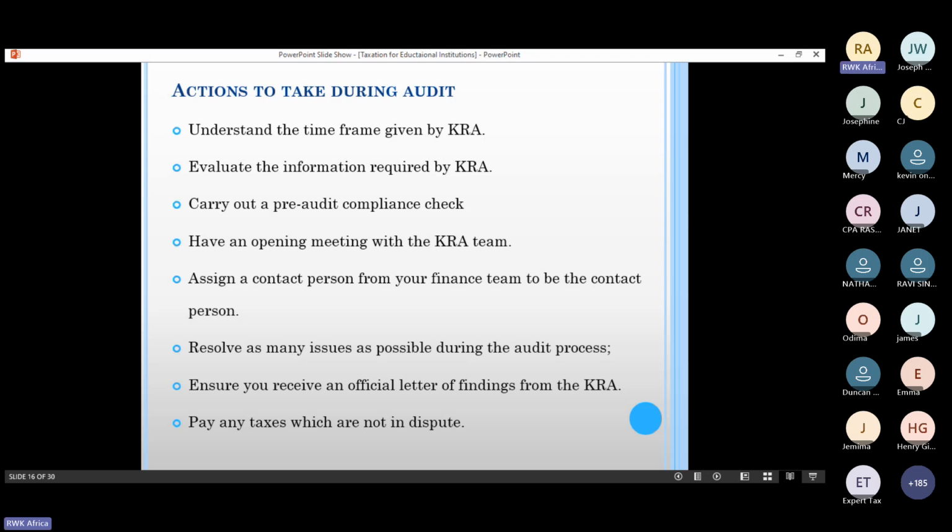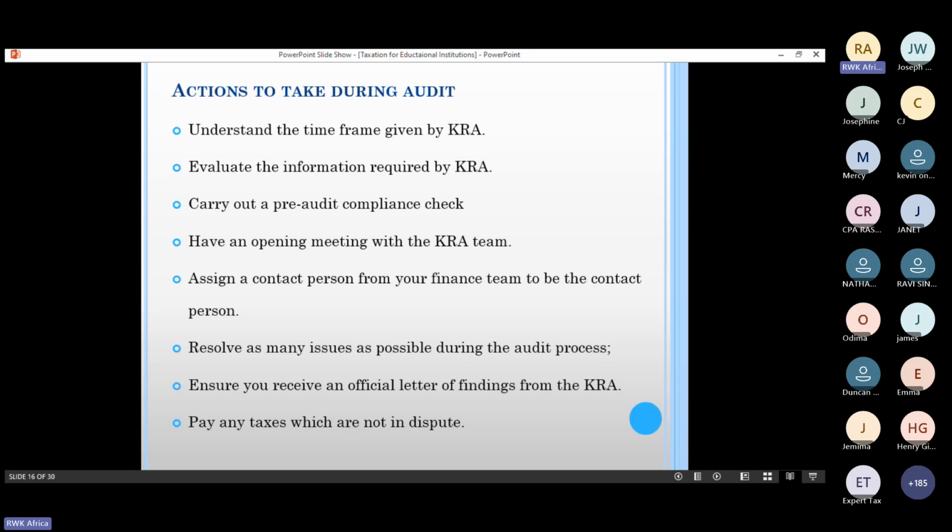Have an opening meeting with the KRA team. They will call you to their office. So make sure that you avail yourself, and you can engage a tax expert who will be your representative. You can accompany them to the KRA meeting. Assign a contact person from your finance team. Say in your finance team you have 5 people.